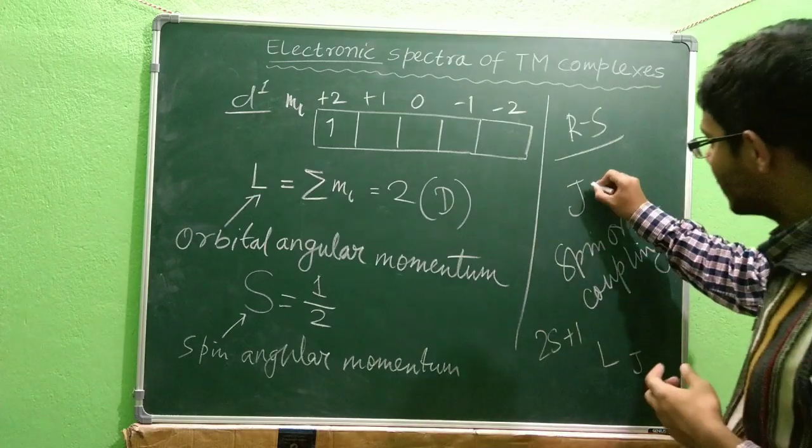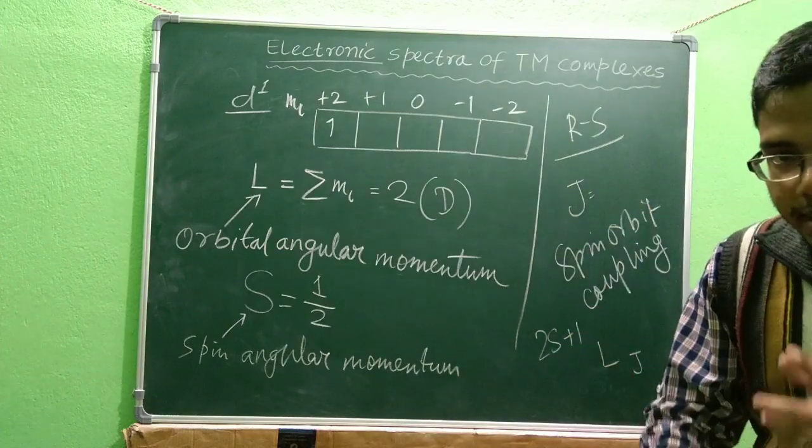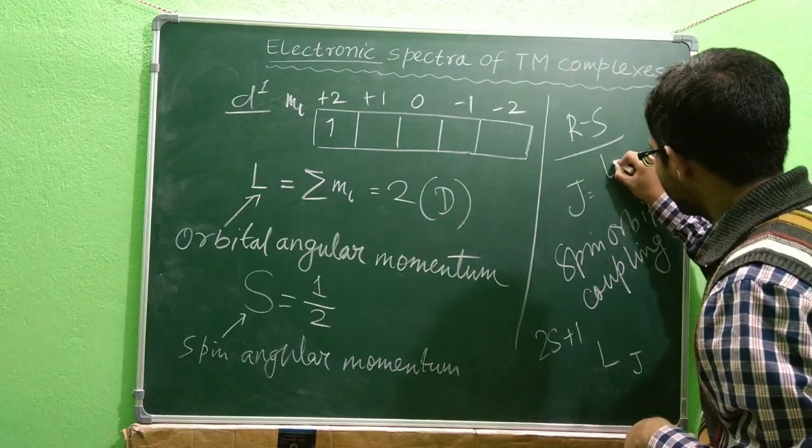Now what is J? J is basically L plus S to L minus S, ranging via 0.